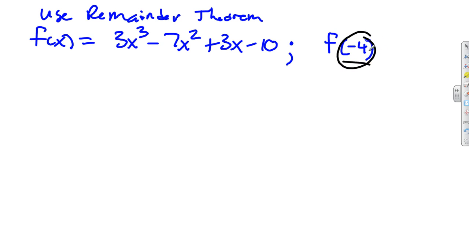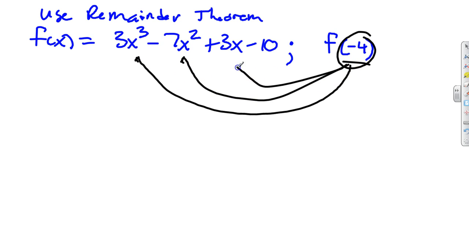You just take the -4 as it is, and then plug it back in and work it out from there. We're not going to do that because it's just evaluating the problem, but if they give you a number like this, where they tell you it's f of this number, the sign's already changed for you, just plug it in. That's all you have to do. There are some in the homework like that where they give you the function and it says use remainder theorem. So when you see that one, don't change the sign, just take that number as it is and go with it.